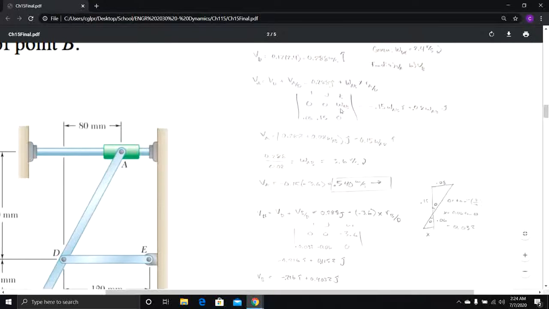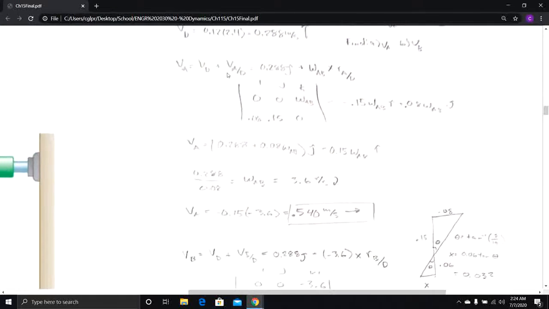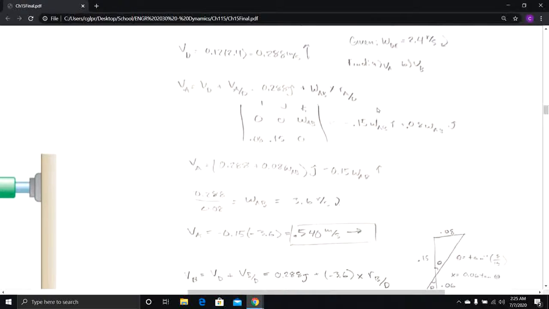So the velocity of A is equal to the velocity of D plus the velocity of A relative to D. Again, just using the cross product here. Getting it in its components. Adding them up.